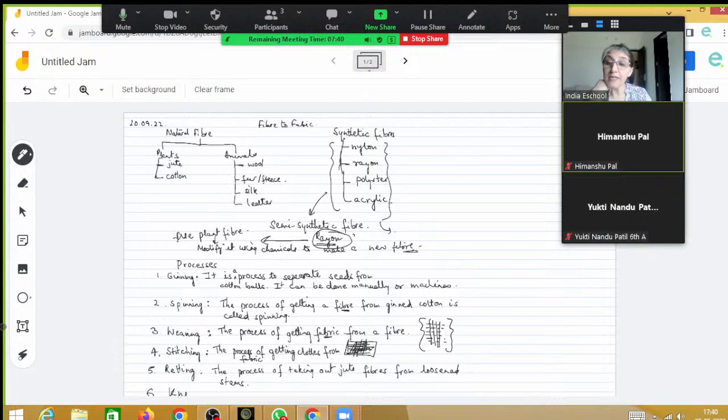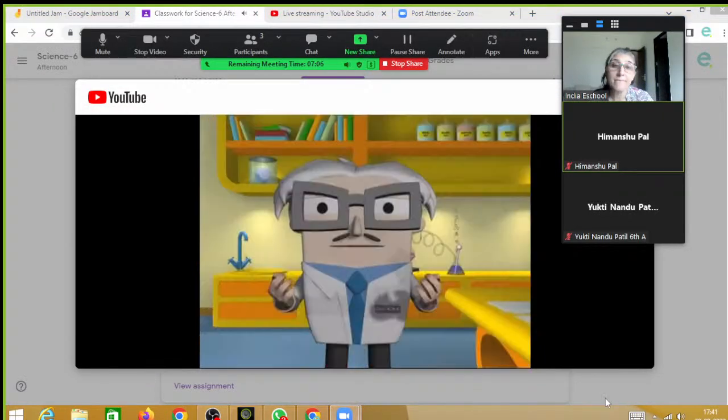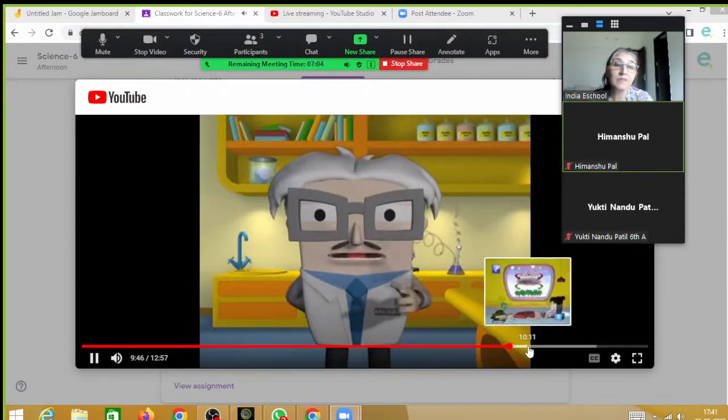Only one thread is used to make a fabric or a dress. इसमें वीविंग की ज़रूरत नहीं होती है, लेफ्ट राइट करने की ज़रूरत नहीं है. निटिंग, that's also a process. मैं अभी एक और वीडियो दिखाऊंगी जिसमें बहुत क्लियरली ये प्रोसेस एक्सप्लेन की हुई हैं. So it's a product made from fibers. Bullseye, Cherry. You make me proud.